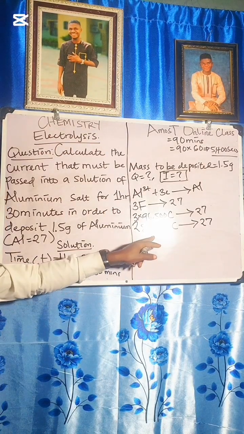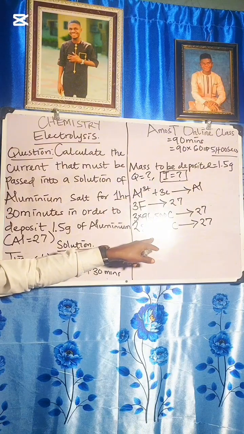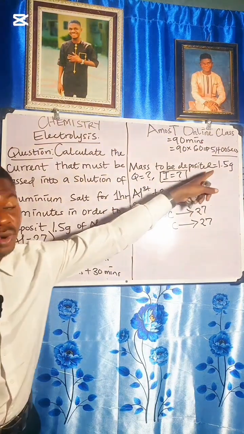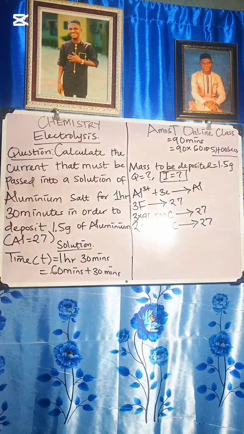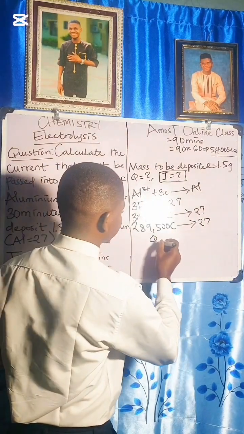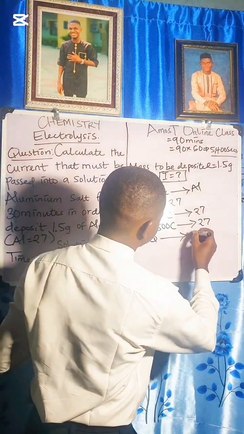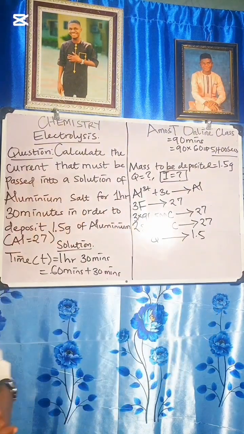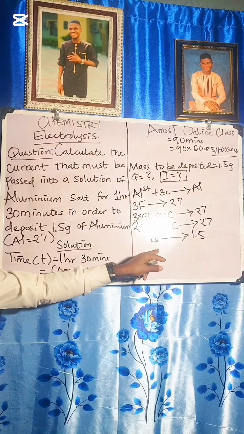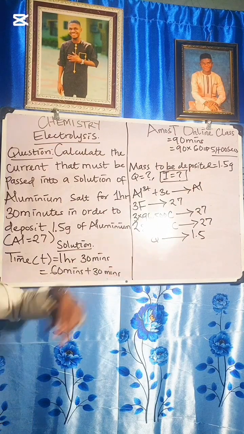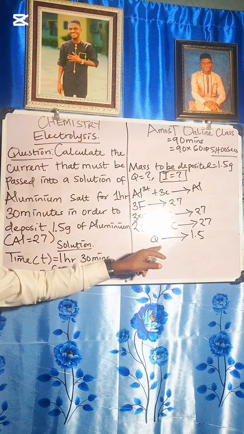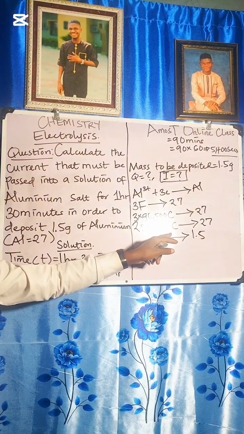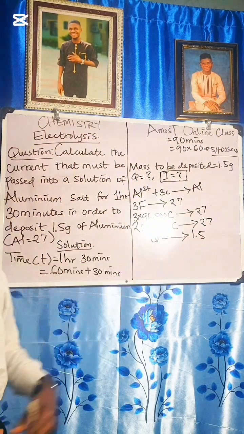Now, what we're looking for is Q, what then is the quantity of electricity that will be required to liberate about 1.5 grams of aluminium. So how do we find our Q? By cross multiplication. Once we cross multiply, we're going to have Q times 27 being equal to 289,500 coulomb times 1.5.